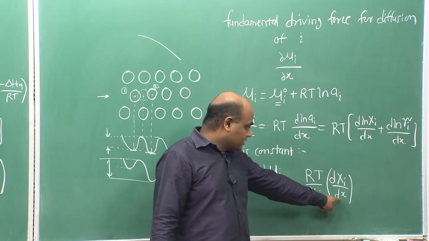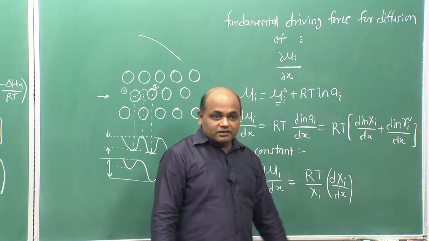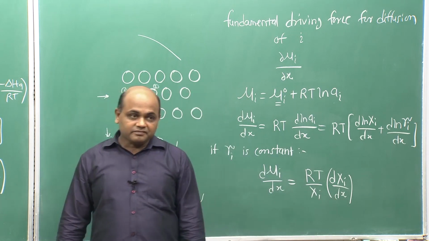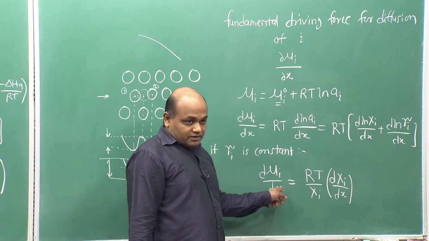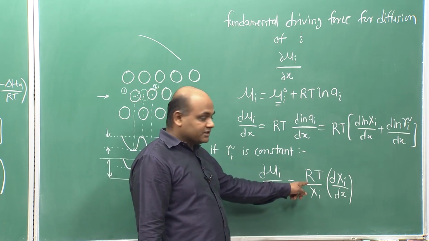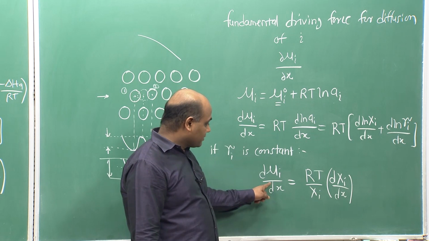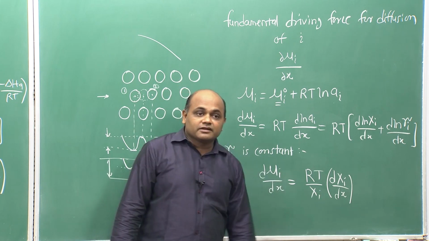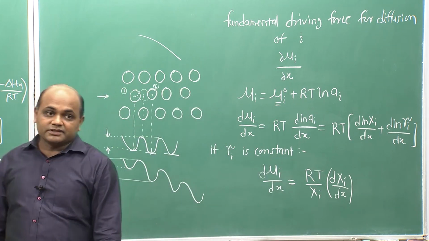So, this is basically the gradient in concentration. So, you can see the simplest manifestation of the gradient in chemical potential is the gradient in composition.